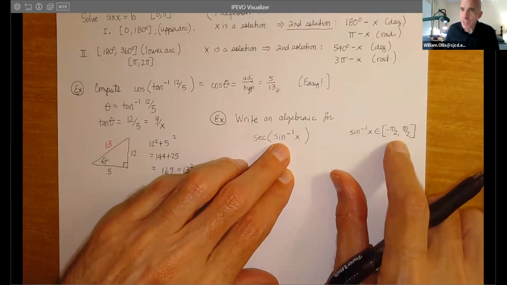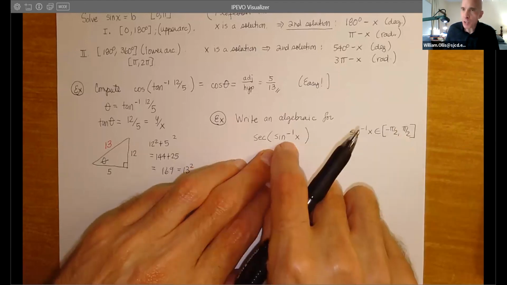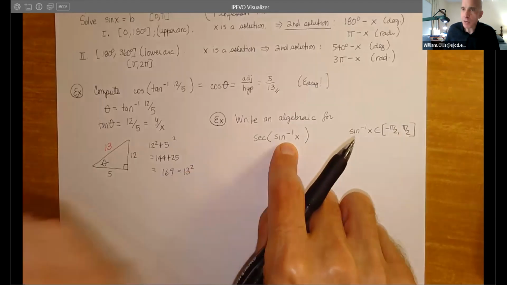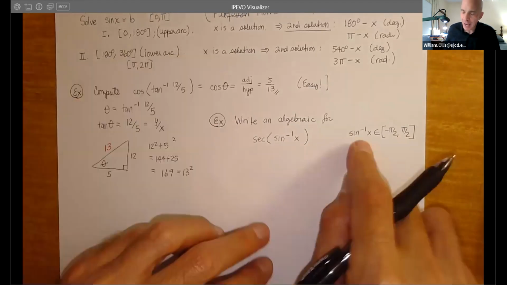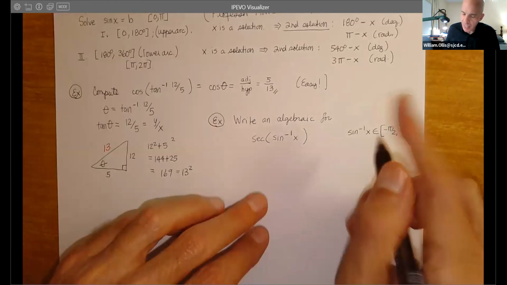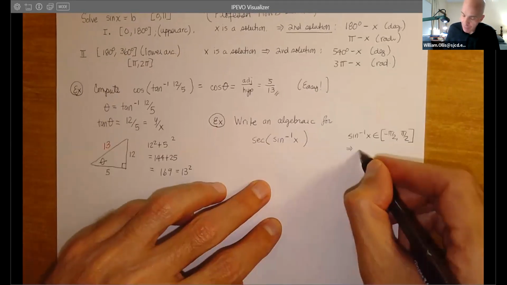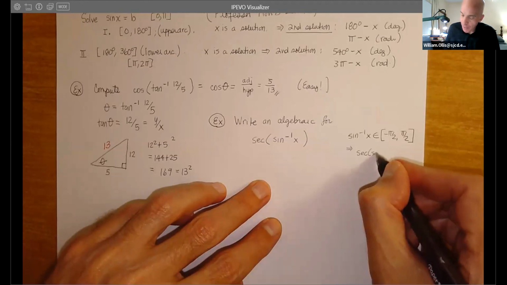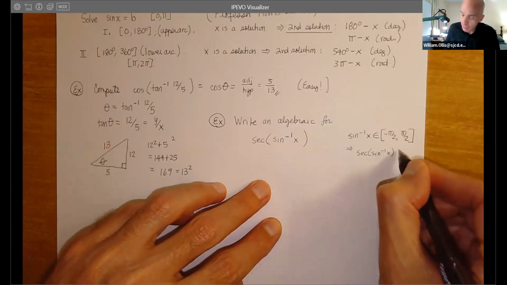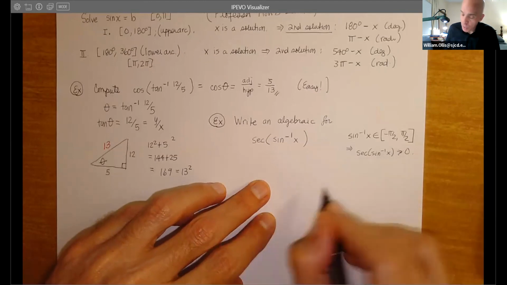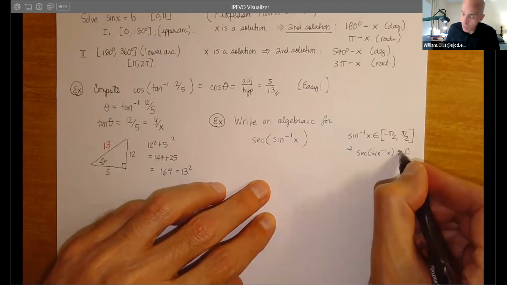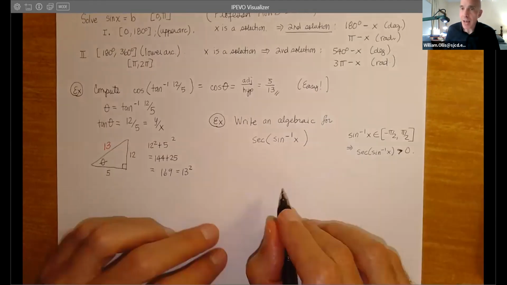So this tells us that this particular expression should have a positive value. So we kind of get that from the very beginning. So we're seeing that this implies that secant of the inverse sine of x should be positive if it's going to make sense with how we've constructed the inverse sine function.